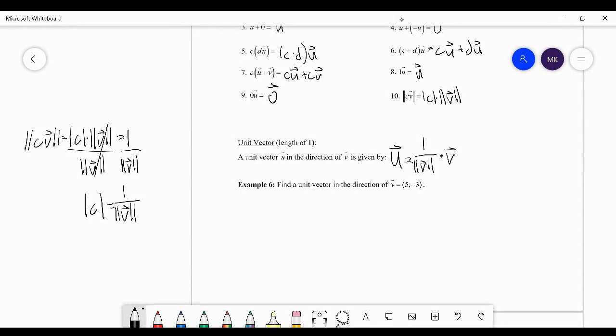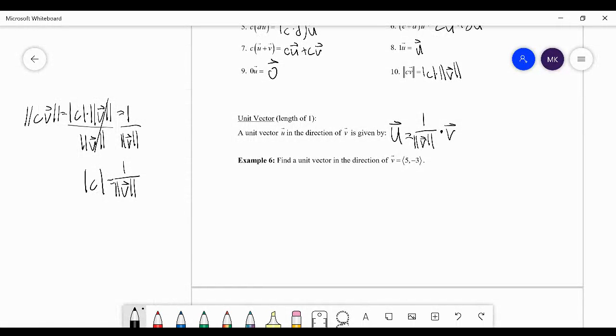If you want to put these together, you could say this is the vector v over the magnitude of the vector v. I quite frankly don't like that. It doesn't give us good scalar multiplication ideas, so I'm just going to leave it like this.